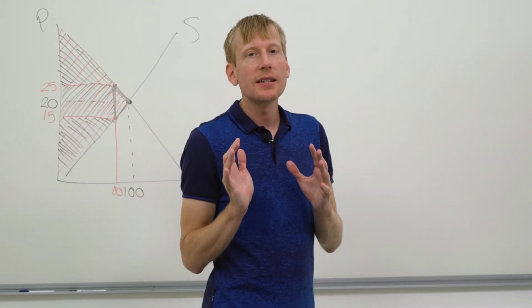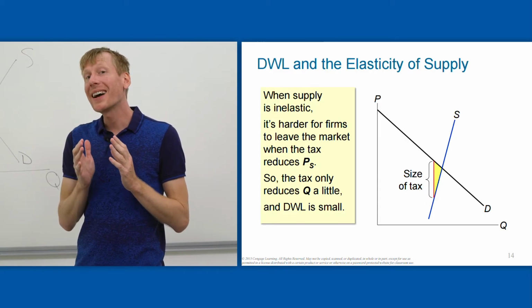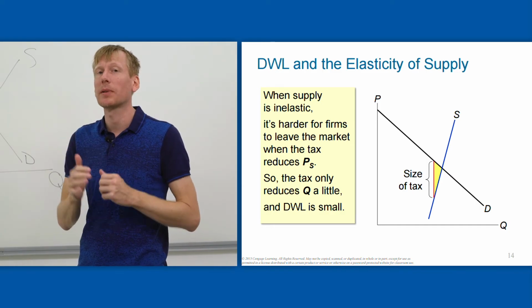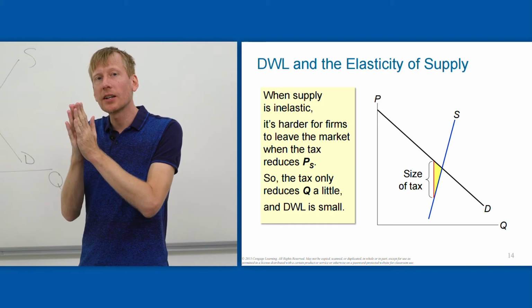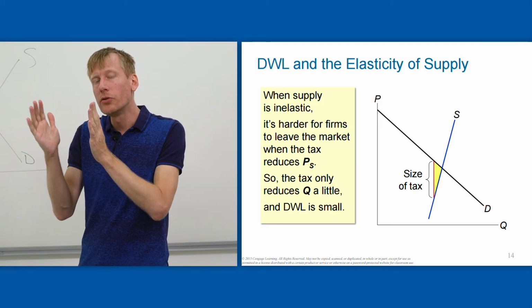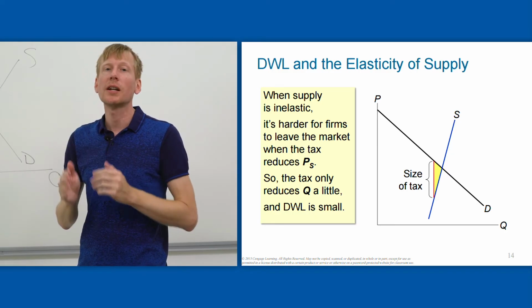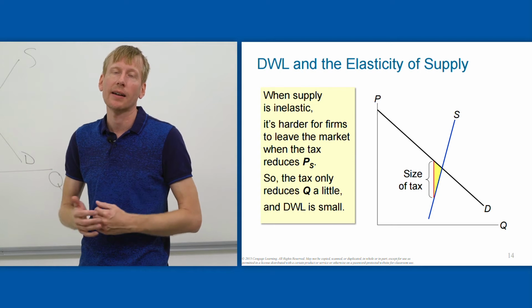As you can see in the example, if supply is very inelastic, illustrated with a steep supply curve, the deadweight loss triangle at the edge of that wedge is very small, because the quantity hasn't changed by very much in our market when we imposed this relatively large tax.